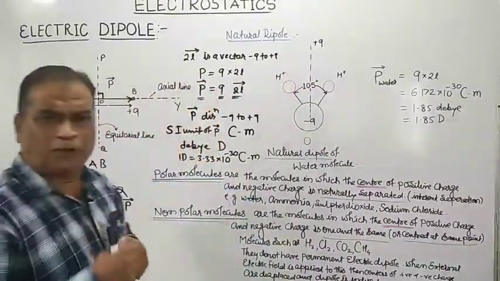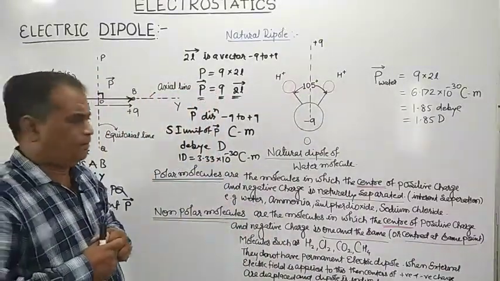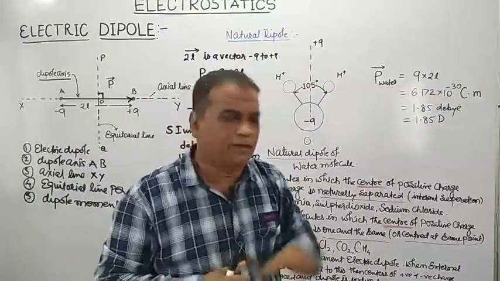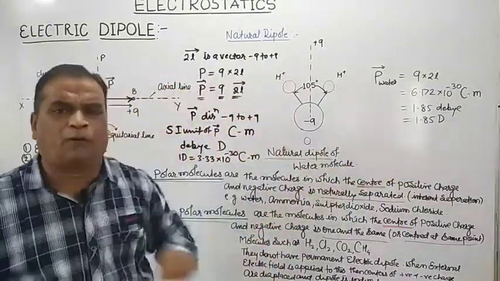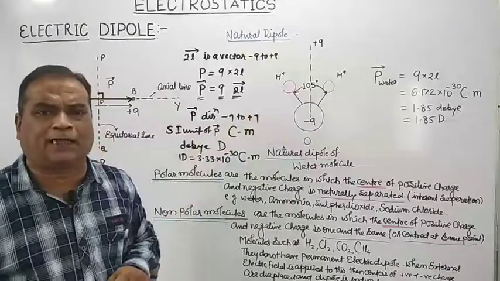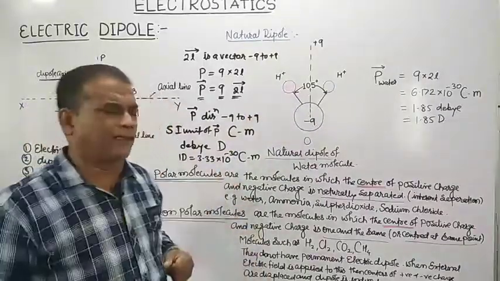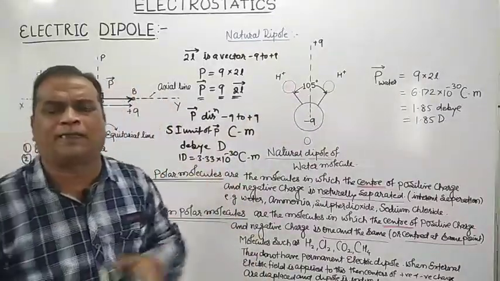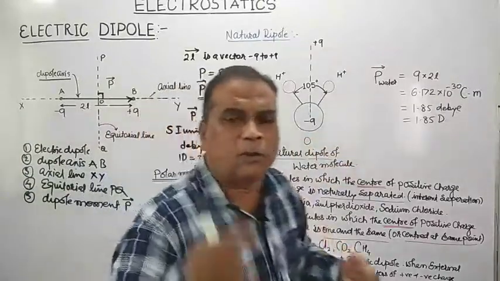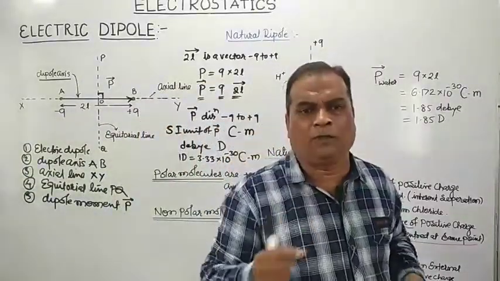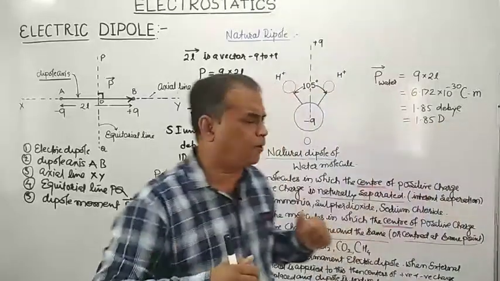So any molecule in which the centers of positive charge and negative charge are naturally separated is called a polar molecule. So a water molecule is what? A polar molecule. Why is a water molecule a polar molecule?